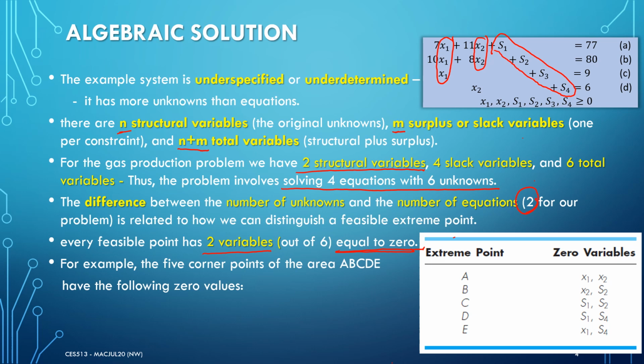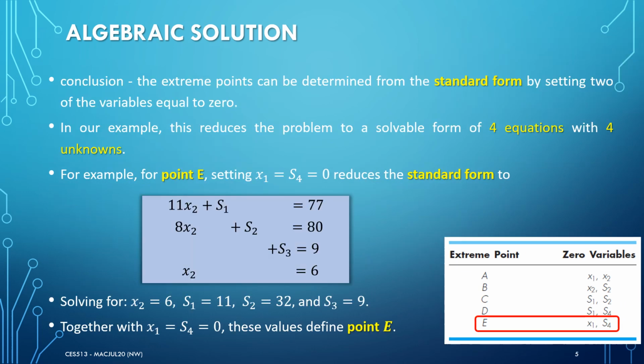For point A, we have x1 and x2 equal to 0. For point B, x2 and S2 equal to 0. C, S1 and S2. D, S1 and S4. E, x1 and S4 equal to 0. This observation leads to the conclusion that the extreme points can be determined from the standard form by setting 2 of the variables equal to 0.